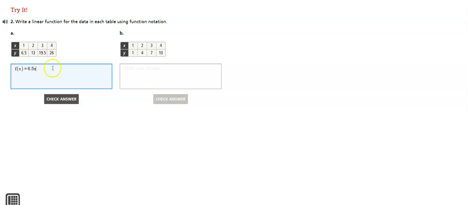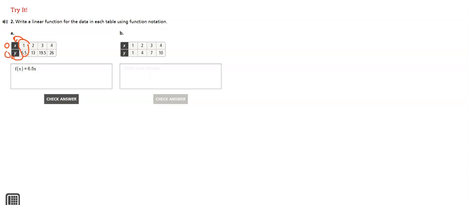And then the last thing we need to do is find that b value. In this case, I can easily substitute and use one of the points here. But if you notice, because for 1 of whatever this is equals 6.5, that tells me that if I were to skip count backwards and find x of 0, I would also have to subtract 6.5 and I would get 0.